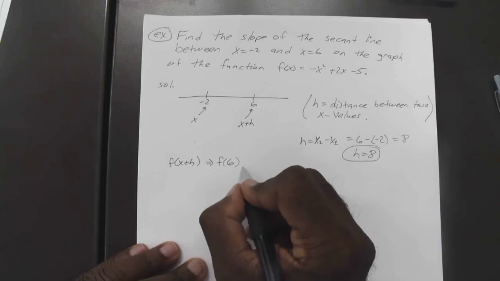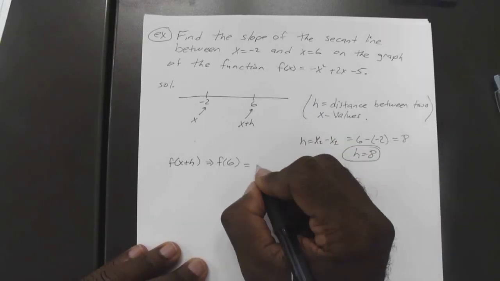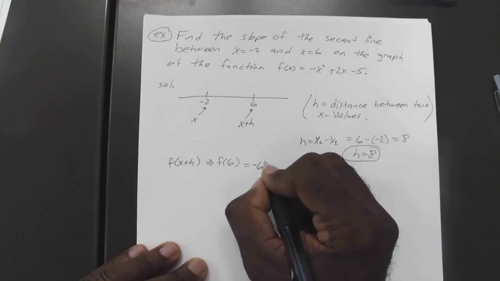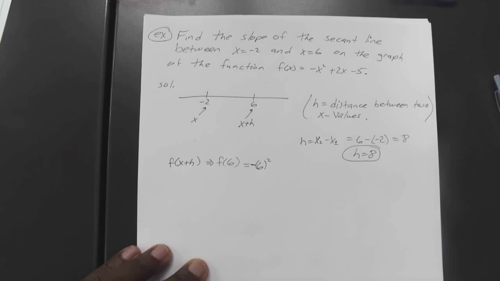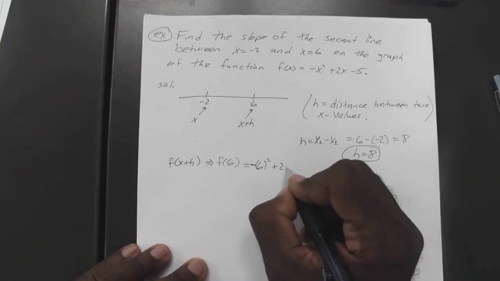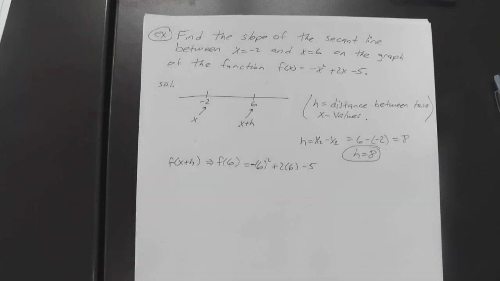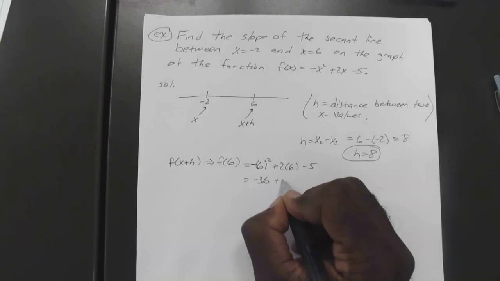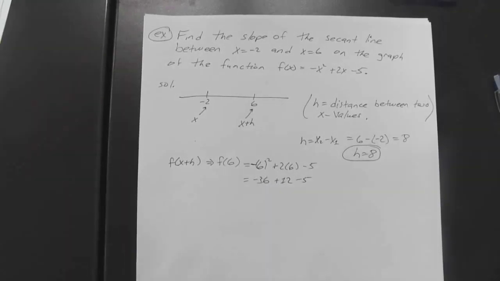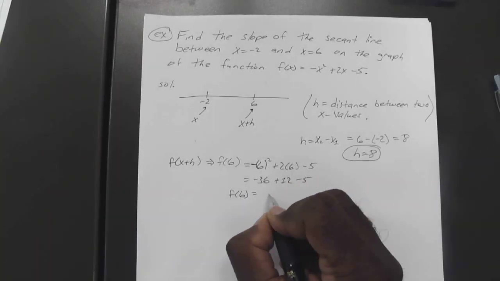So your f of 6 is just equal to -6 squared, plus 2 times 6 minus 5. Yep, so you end up with -36 plus 12 minus 5. So f of 6 equals -29.